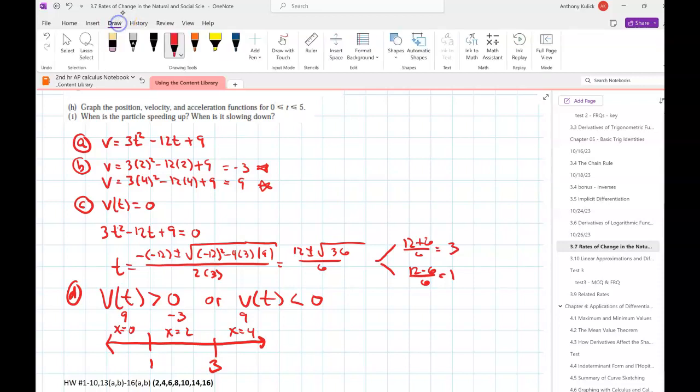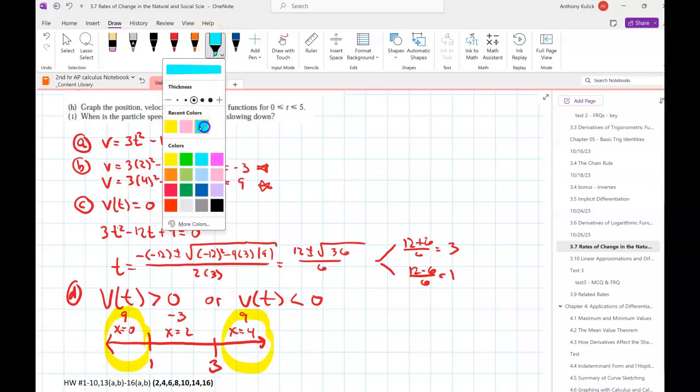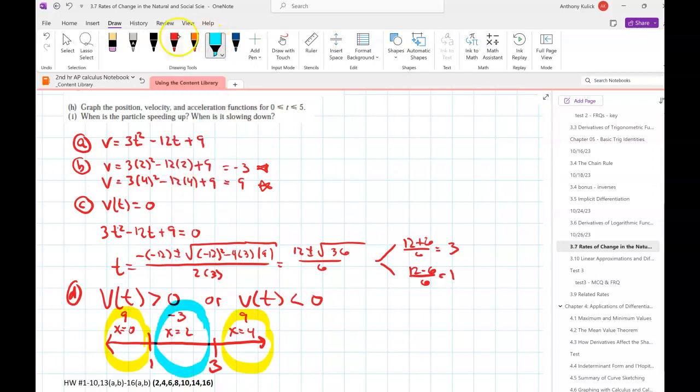If I found the only places where a velocity can change from negative to positive, the zeros, I know everything less than 1, the velocity is positive, and everything bigger than 3, the velocity is positive, and then everything between 1 and 3, it's negative.